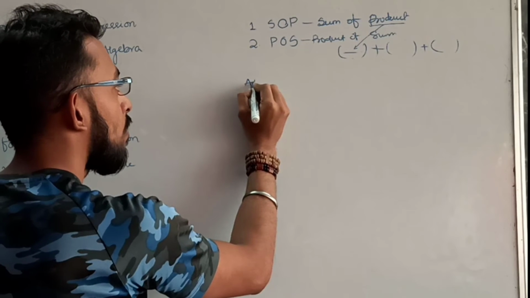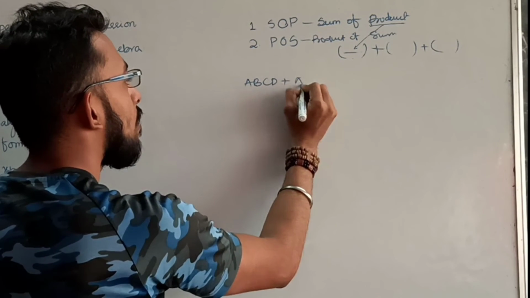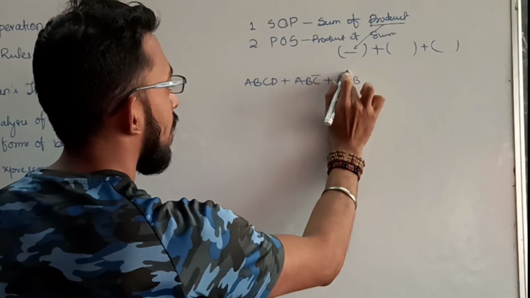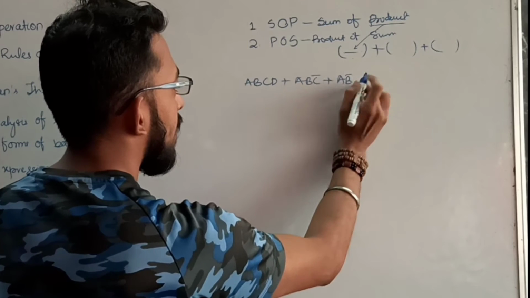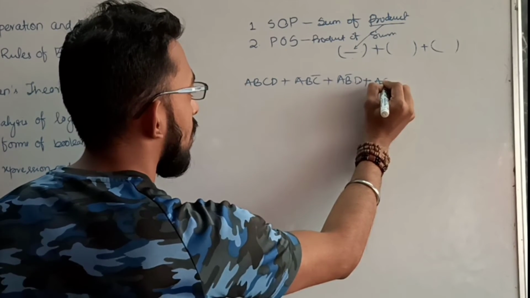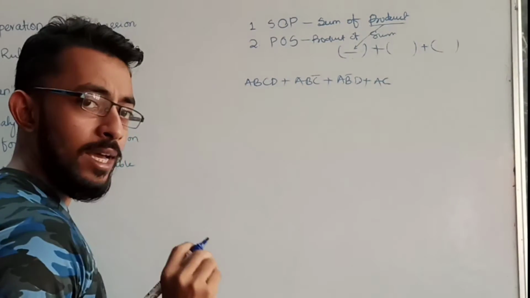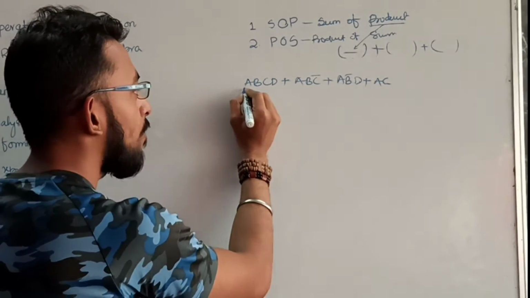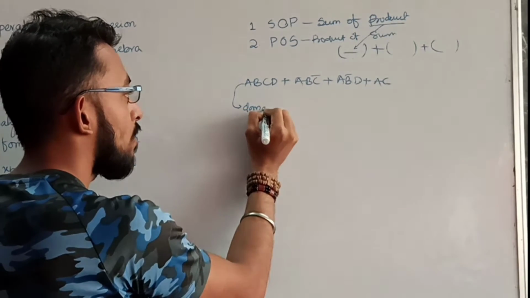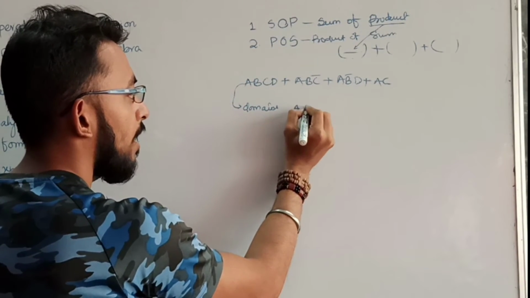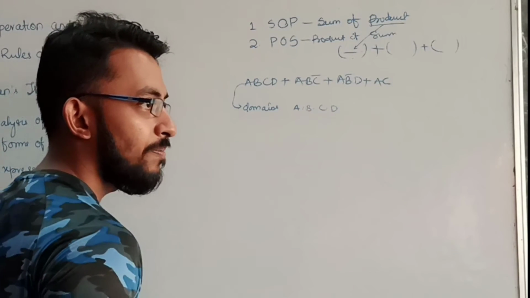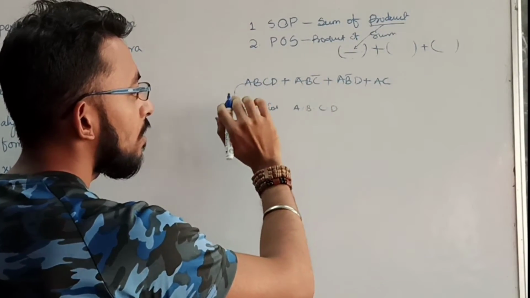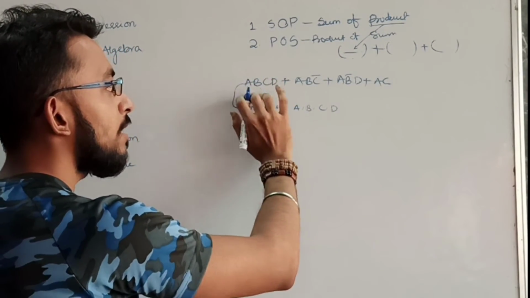Let's take inputs A, B, C, D plus A, B, C bar plus A, B bar D plus AC. You can take anything, not a problem. So first you have to find the domains. What are the domains over here? A, B, C and D. In this case you have to check these 4 domains should be present in each term.